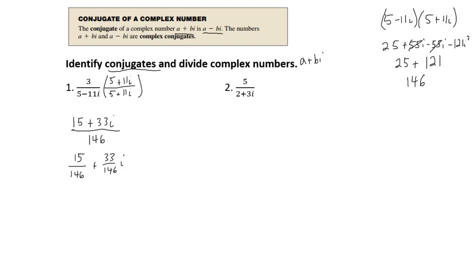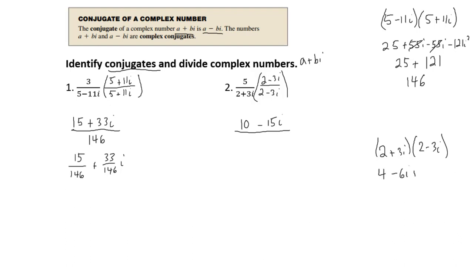All right, let's look at the next one, multiplying by the conjugate. So we're going to multiply by 2 minus 3i, top and bottom. So on top we have 10 minus 15i. And on bottom, we'll do that math over on the side. 2 plus 3i, 2 minus 3i, which gives us 4 minus 6i plus 6i minus 9i squared.